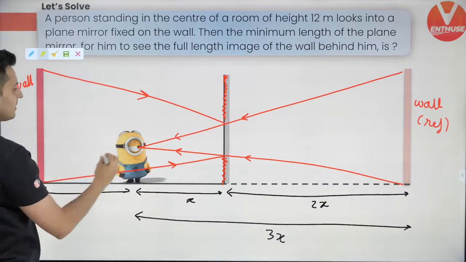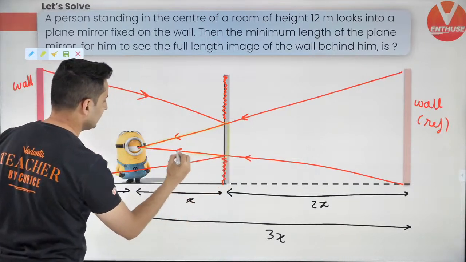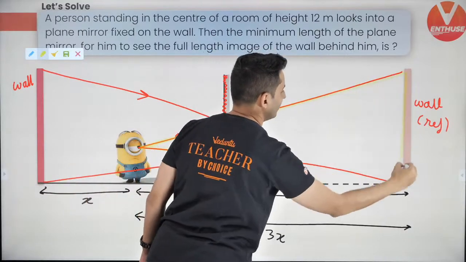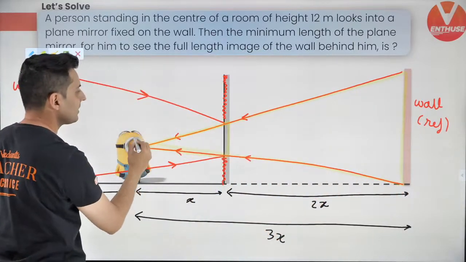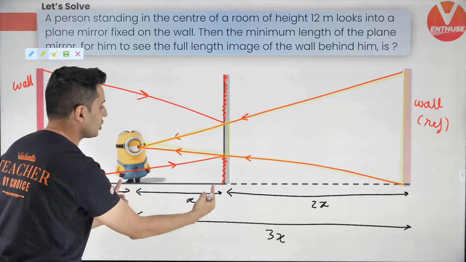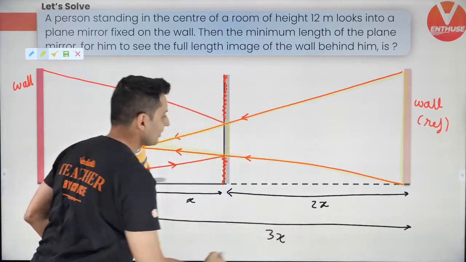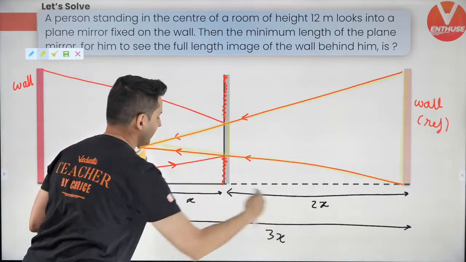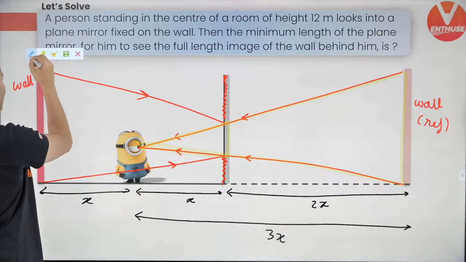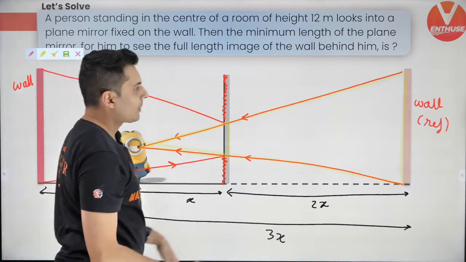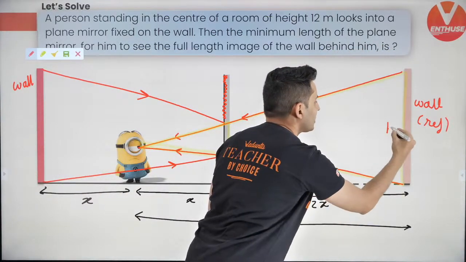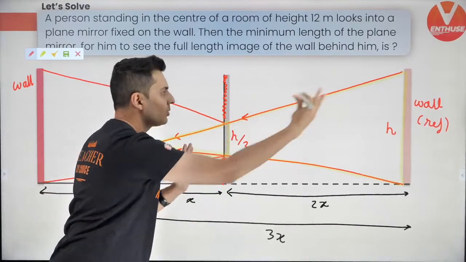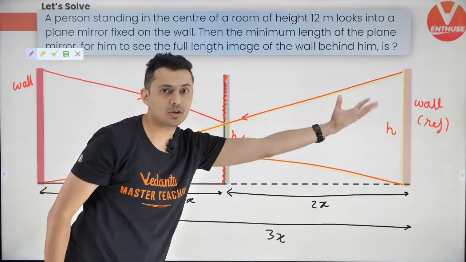One triangle here and the other triangle here. Shouldn't these triangles be in the ratio of 1:3, because this is 3X, this is X? Now, if this is H, how much should this be? H by 3, because 1:3. This should be 3 times smaller, that should be 3 times larger.